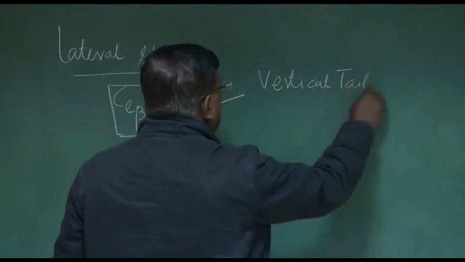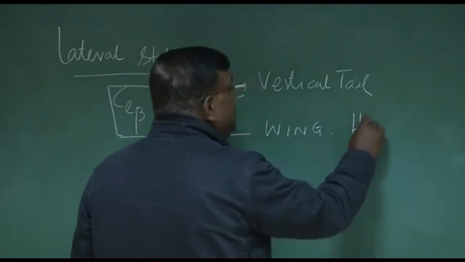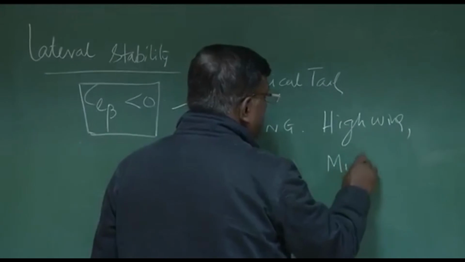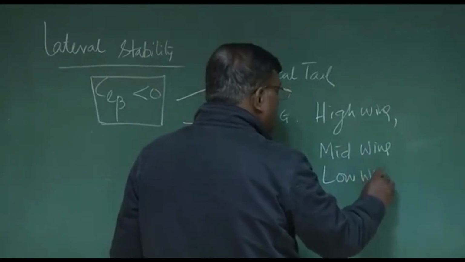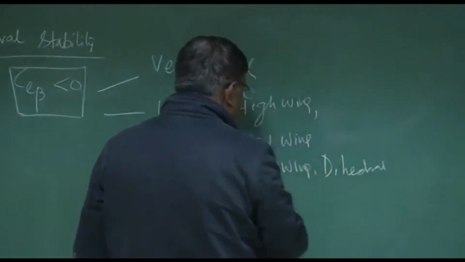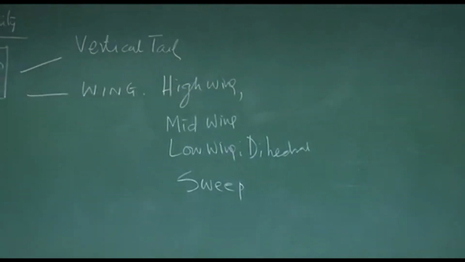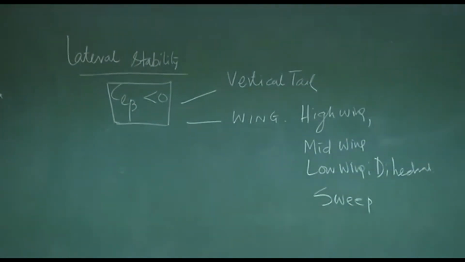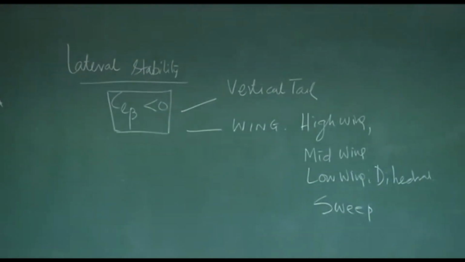Number 2, wing. And what is that wing? We talk about high wing, mid wing, low wing, with dihedral. You can have some sweep effect also, and typically you have seen for vertical tailless airplanes, which are designed to have minimum RCS to avoid radar interceptions, sweep is given.